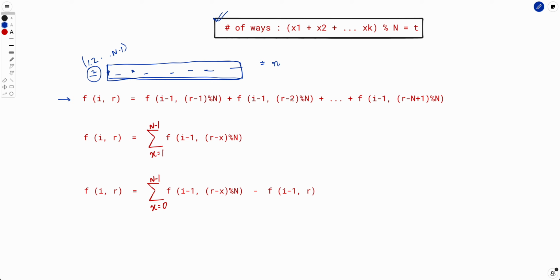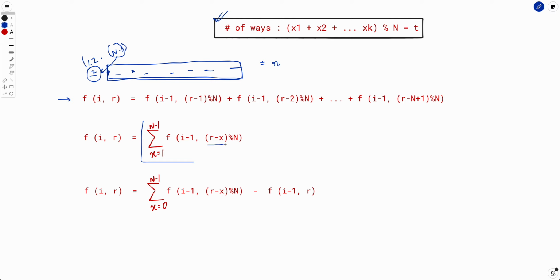Similarly, if I put 3 here, I want the remaining i minus 1 numbers to have a remainder of r minus 3, and all the way up to, if I put n minus 1 here, then I want the remaining sum to be r minus n plus 1, right? So this is what we finally want. Now you can solve this recurrence and you will get the answer. So this recurrence is equivalent to this summation, right? F of i minus 1 comma r minus x modulus n, where x is between 1 and n minus 1.